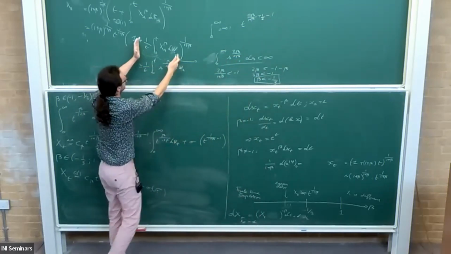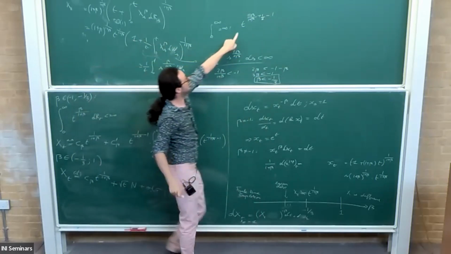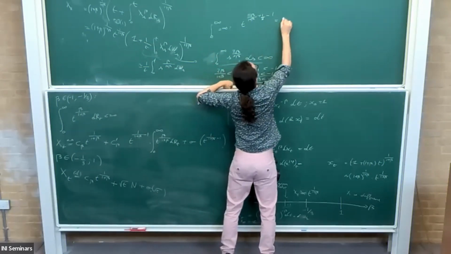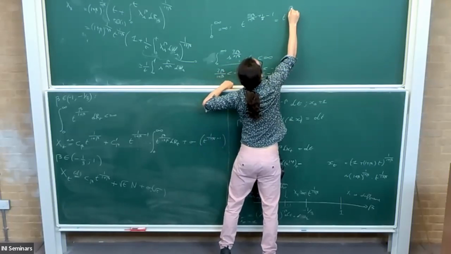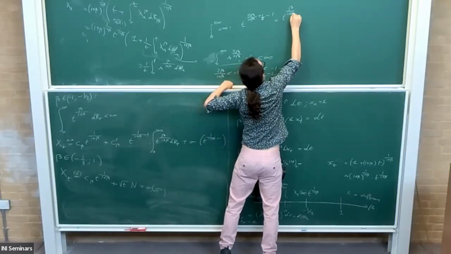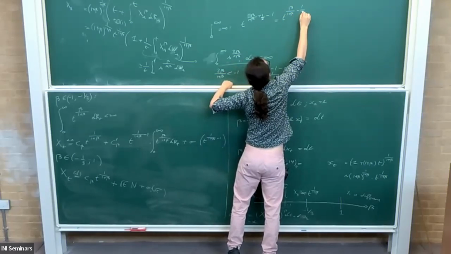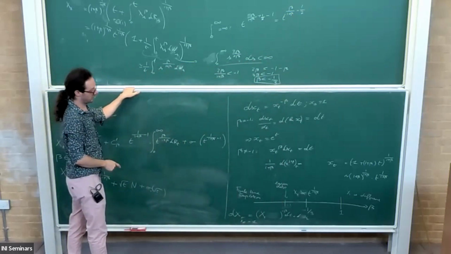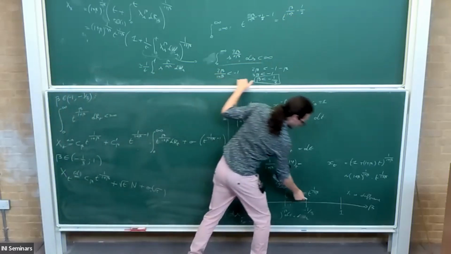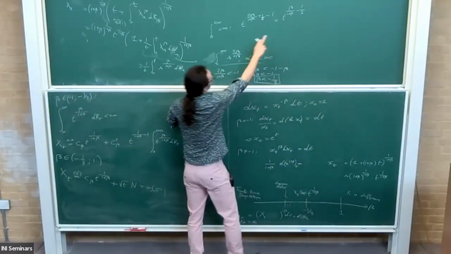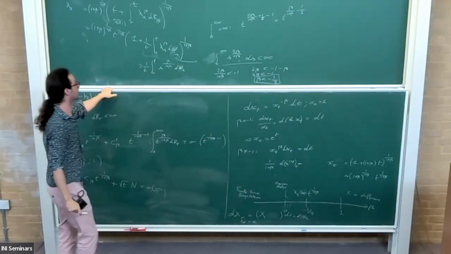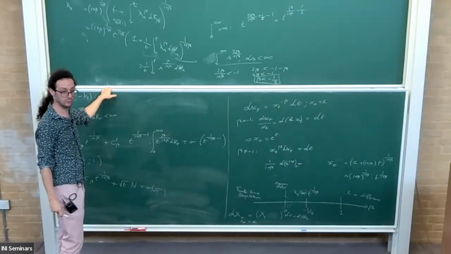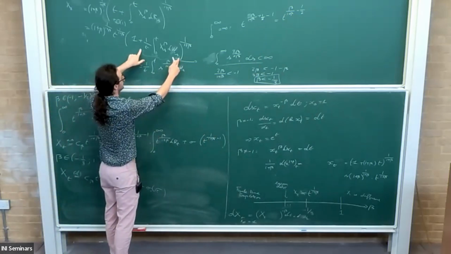And so this term is of order t to the beta over 1 plus beta minus a half. In this range, this exponent is going to be less than 0, and so this asymptotic estimation is correct.